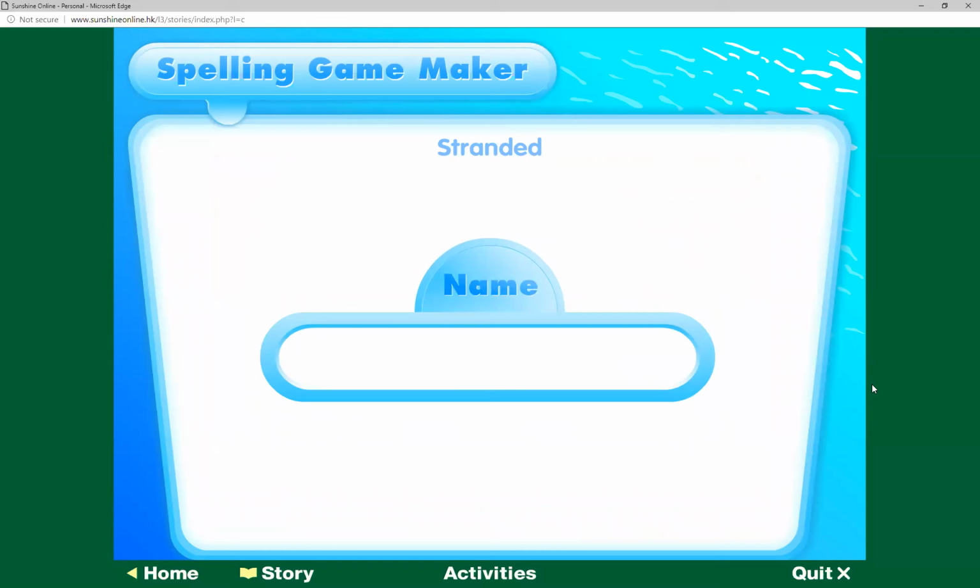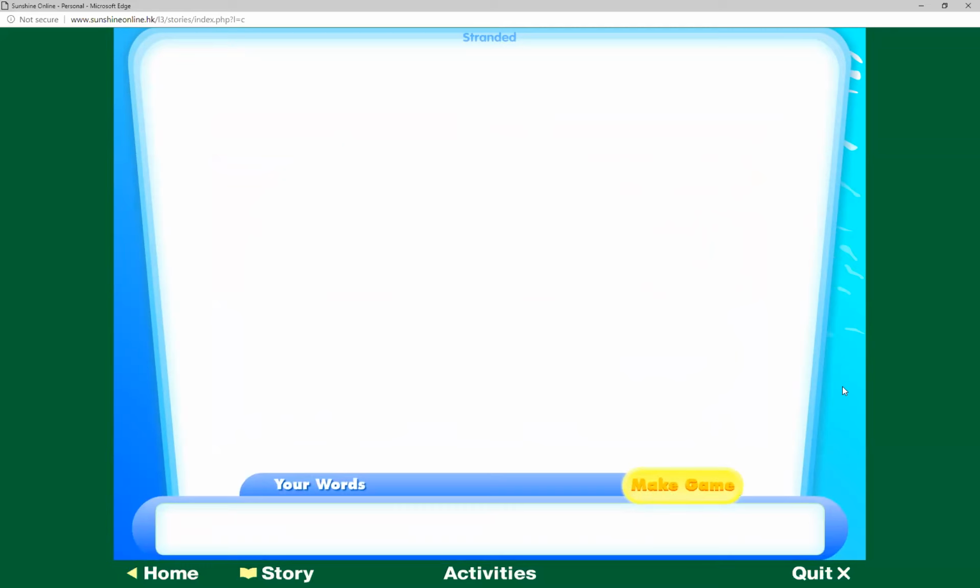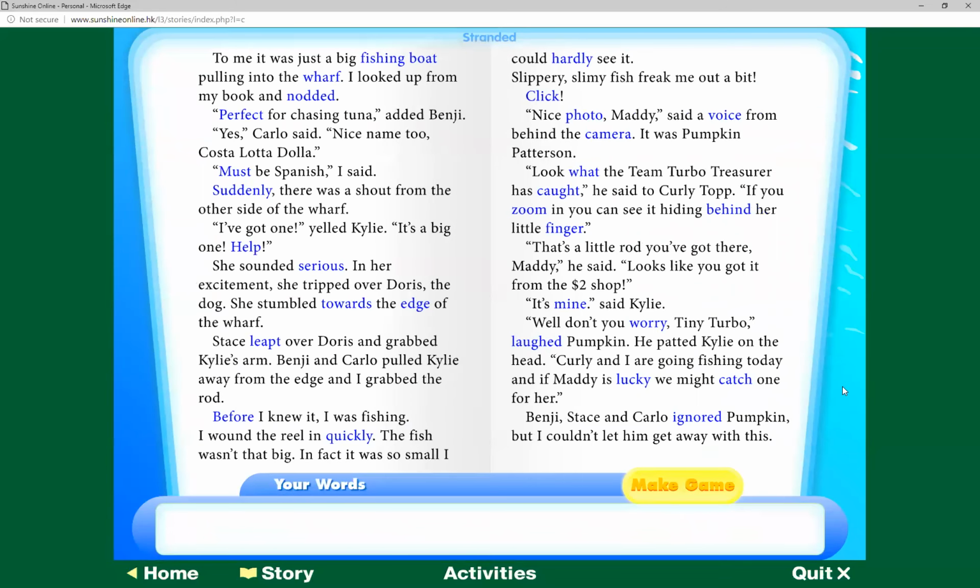Let's make a spelling game. Type your name and click on Next. Look at these sentences from Stranded. See all the blue words? Choose 5 of the blue words for your spelling words.